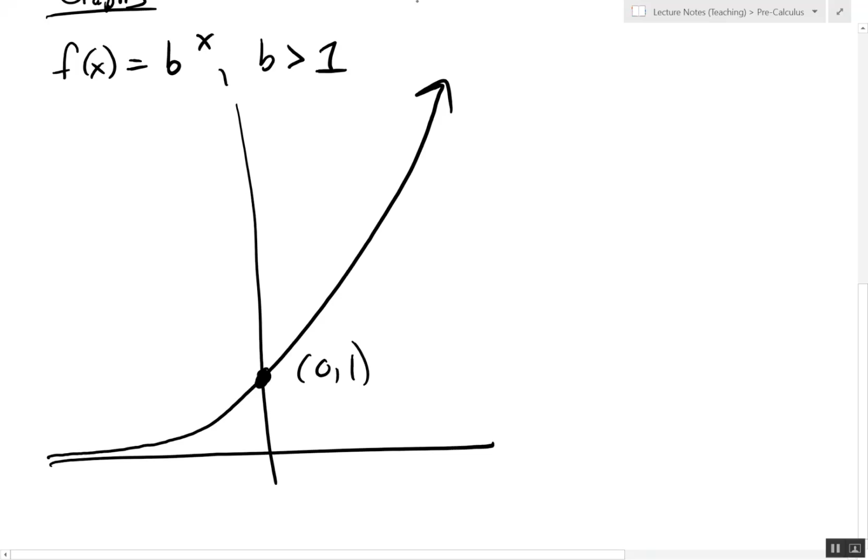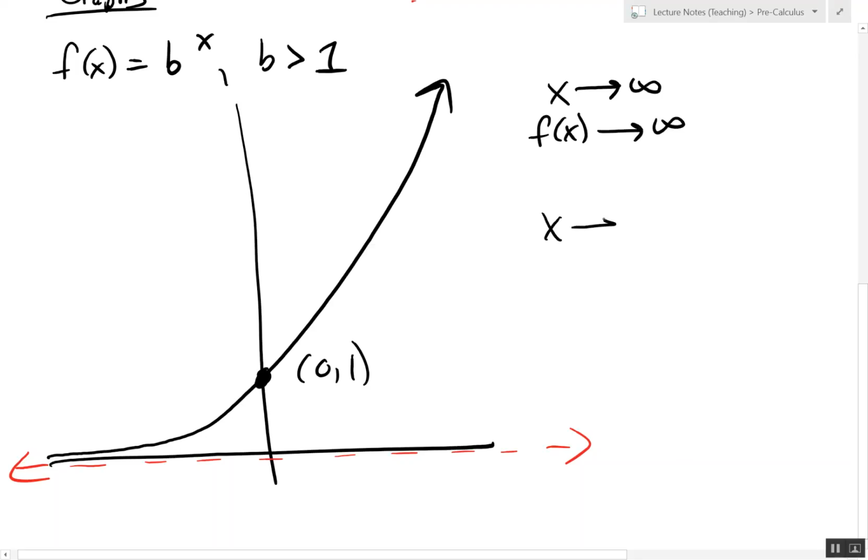So notice we do have our horizontal asymptote here on the x-axis, and you really should know in particular the end behavior here. As x goes to positive infinity, f of x will go to positive infinity, but as x goes to negative infinity, f of x will go to 0.